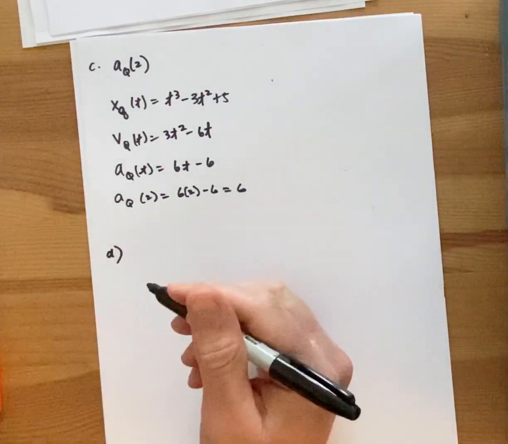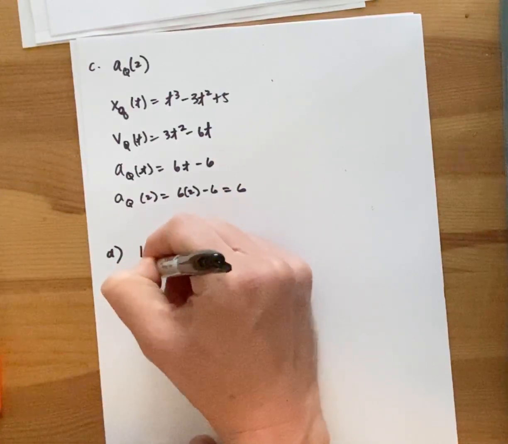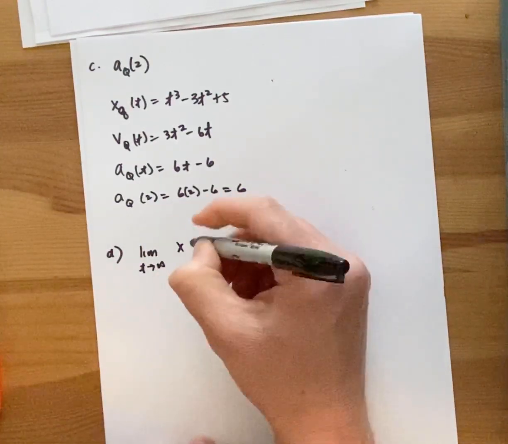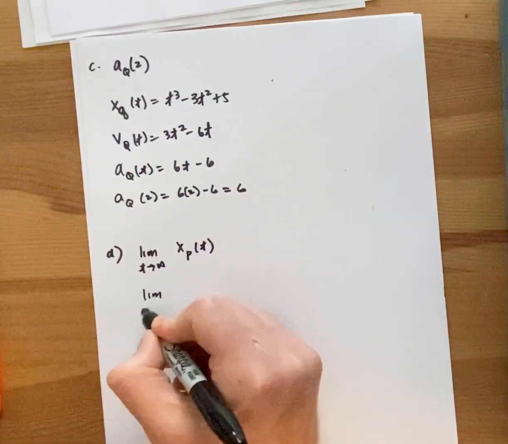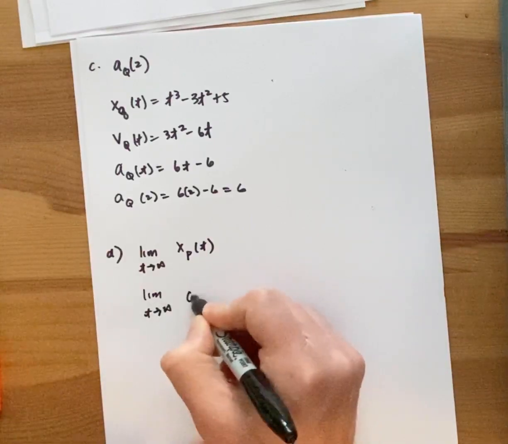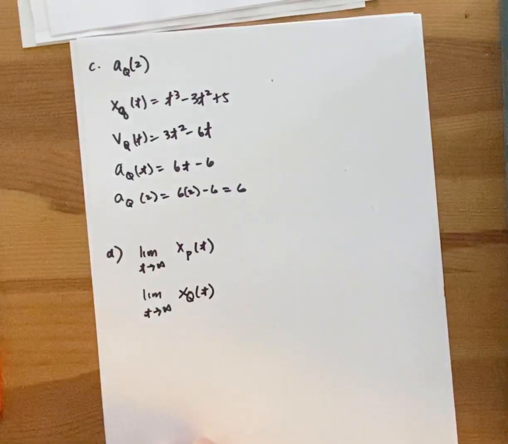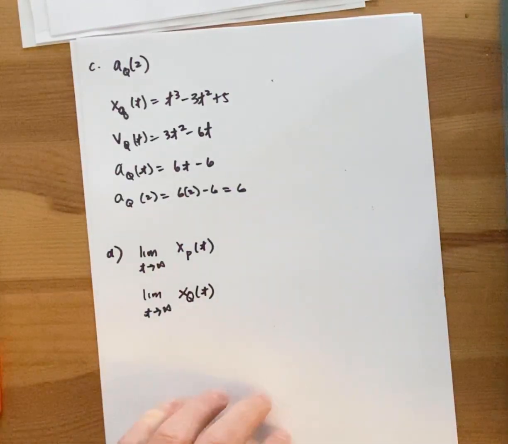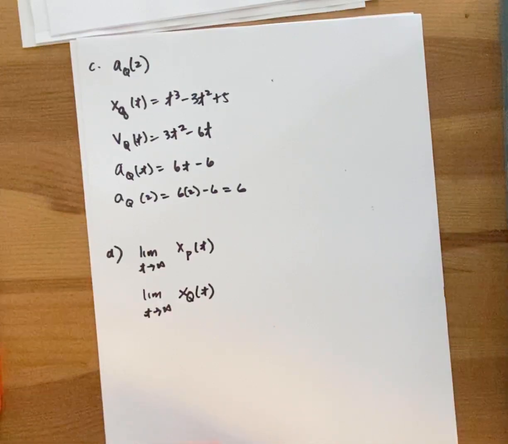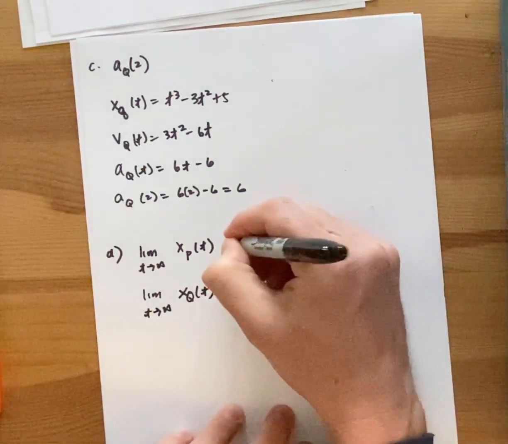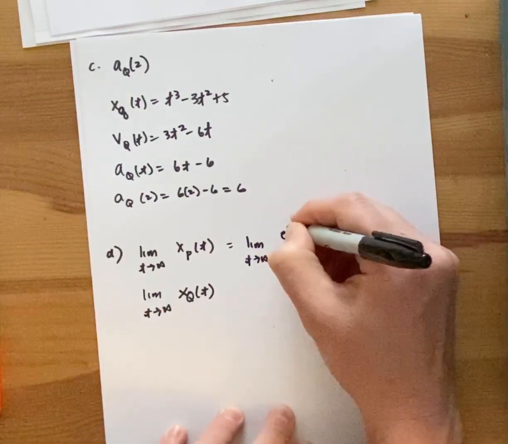Okay, so when you see that, really what that's meaning is, what's the limit as T goes to infinity for the position of P, and the limit as T approaches infinity for the position of Q. All right, so for the first one, P is probably the tougher one because you're doing the limit as T goes to infinity of this.